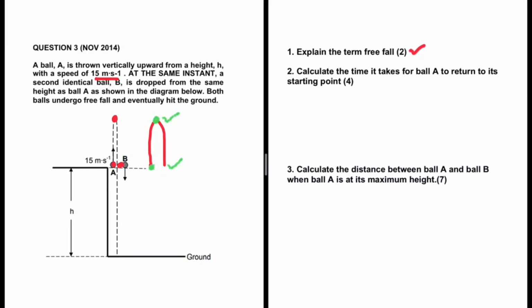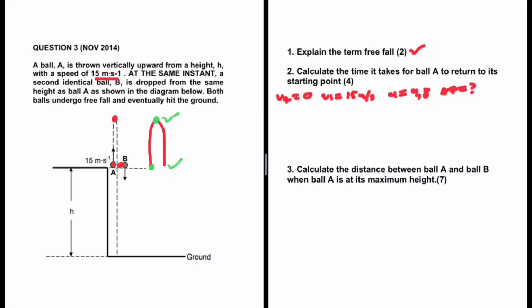So the first way, I'm taking the motion from the starting position to the maximum height. At the maximum height, we know that V will be equal to 0. Vi is equal to 15 meters per second. We have our acceleration being equal to 9.8, and we are interested in the time.